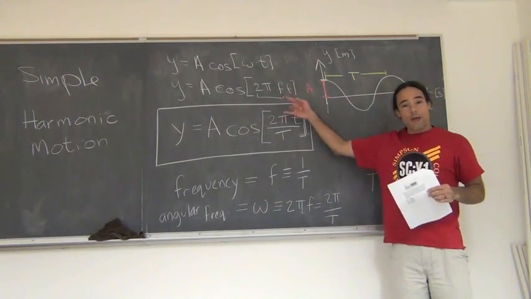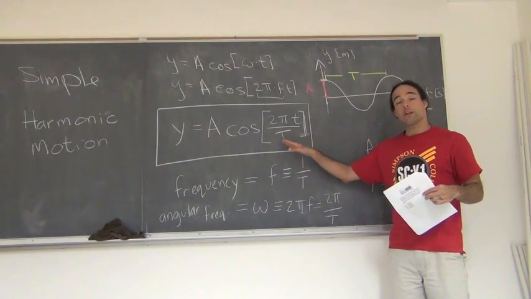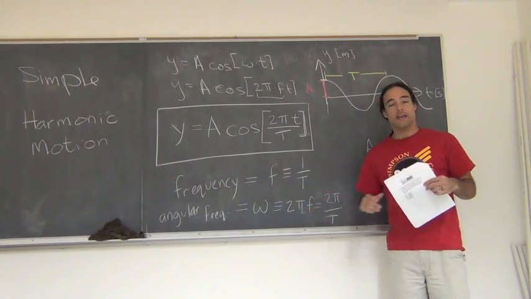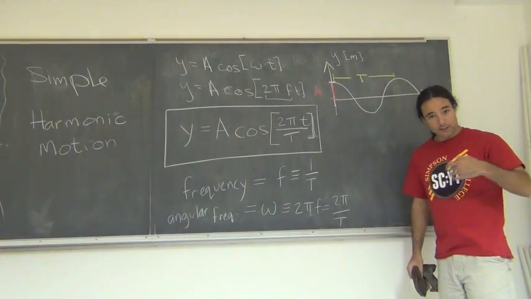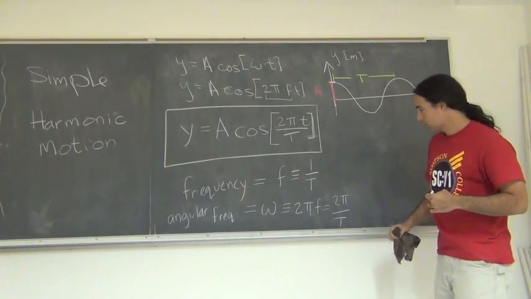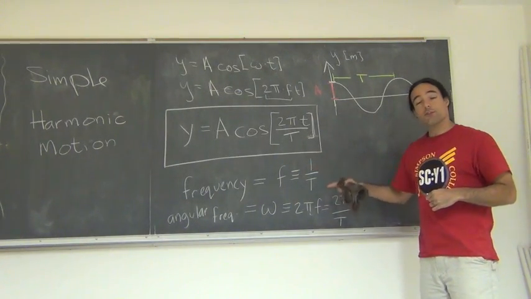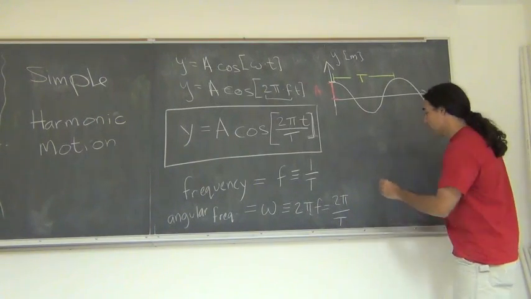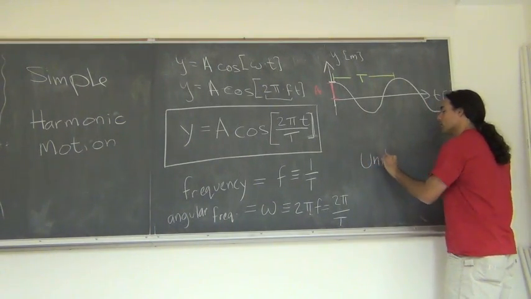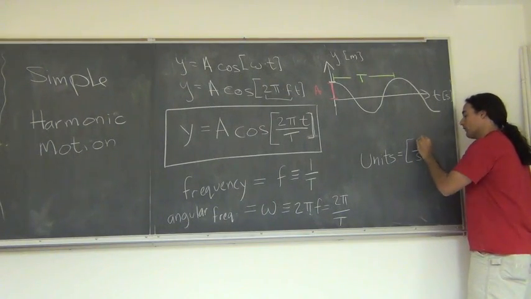So there are several ways to rewrite my equation of motion, depending on whether I want to use period, frequency, or angular frequency. Now, a note about both frequency and angular frequency. To get the frequency, we divide by the period, which is in seconds. So the units of frequency could be written as 1 over seconds.